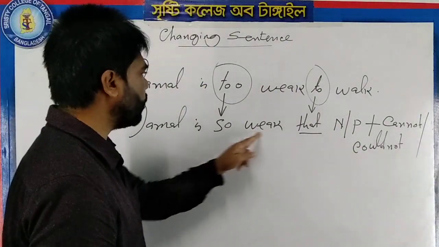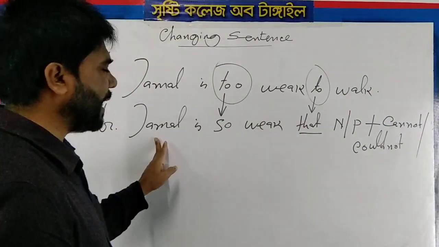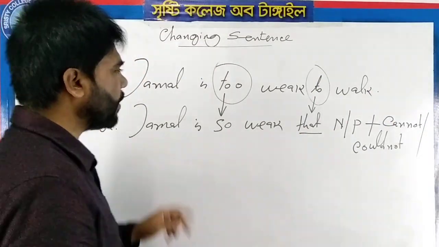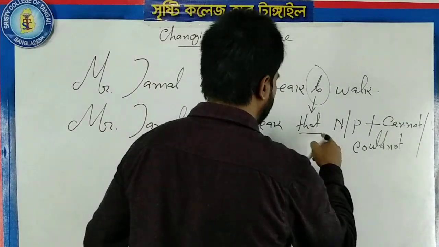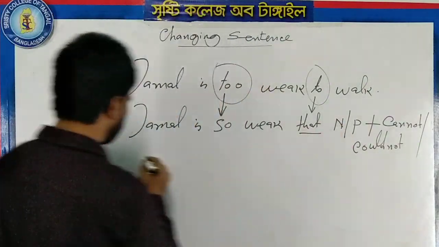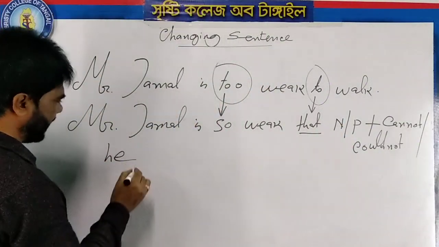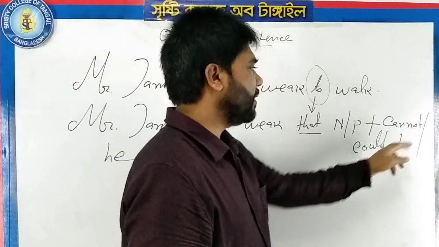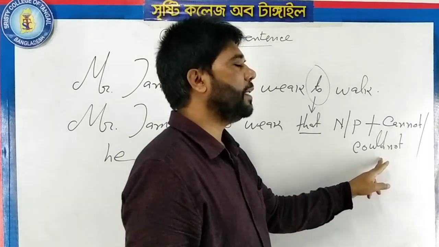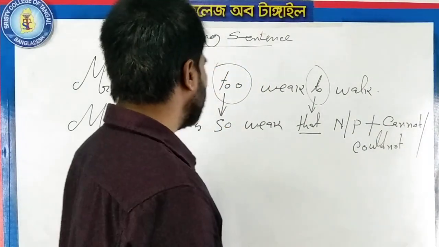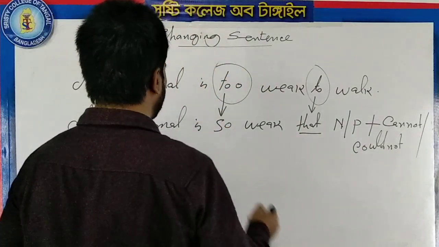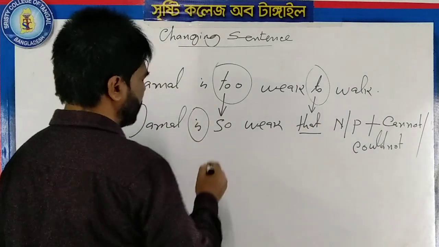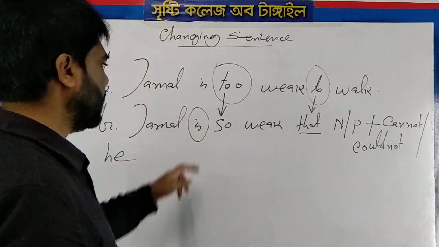Mr. Jamal is so weak that. Mr. Jamal is a noun and his pronoun is he. So that he. So what kind of modal verb can I use here, cannot or could not? Yes, we have to identify the position of the verb in the first clause.